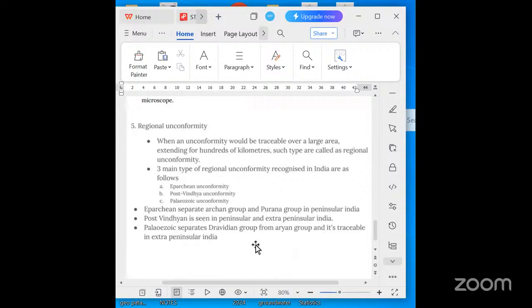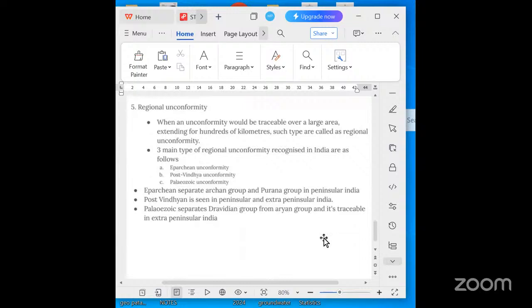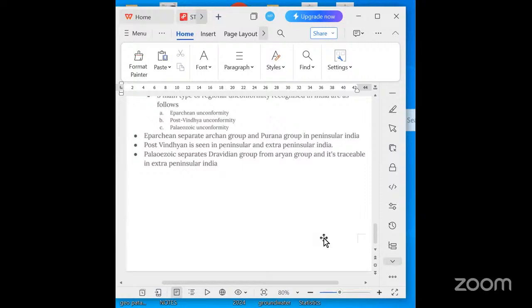And the Paleozoic separates the Dharwar group from the Aryan group and is traceable in extra-peninsular India. So these are the unconformities, right?